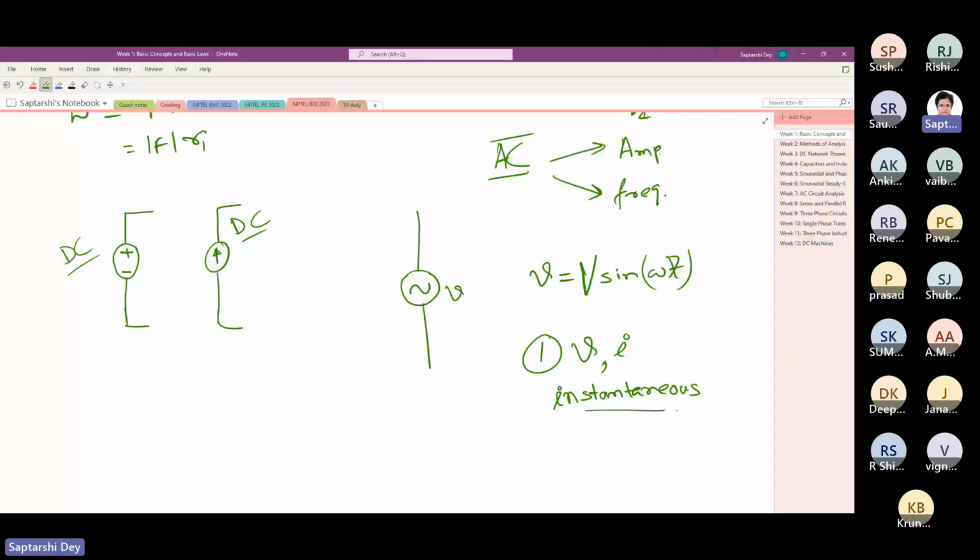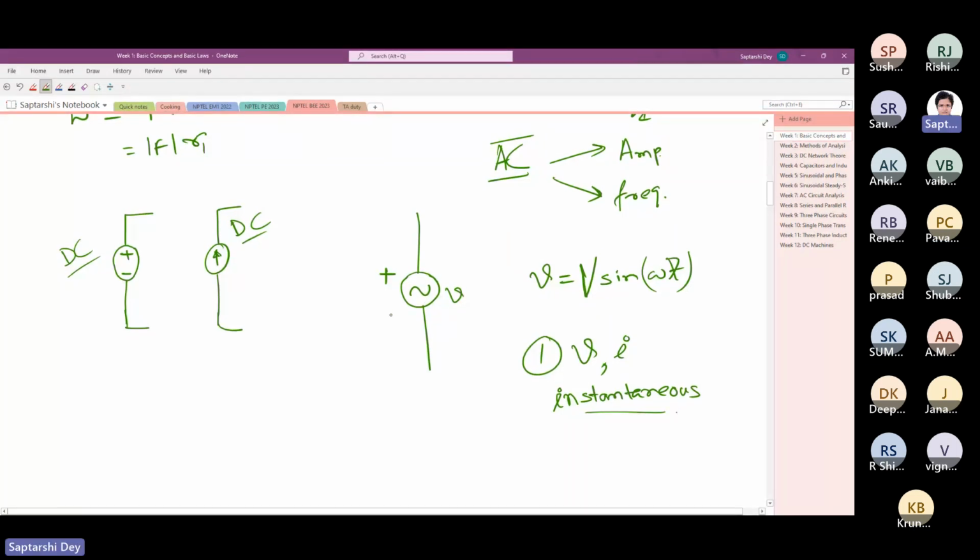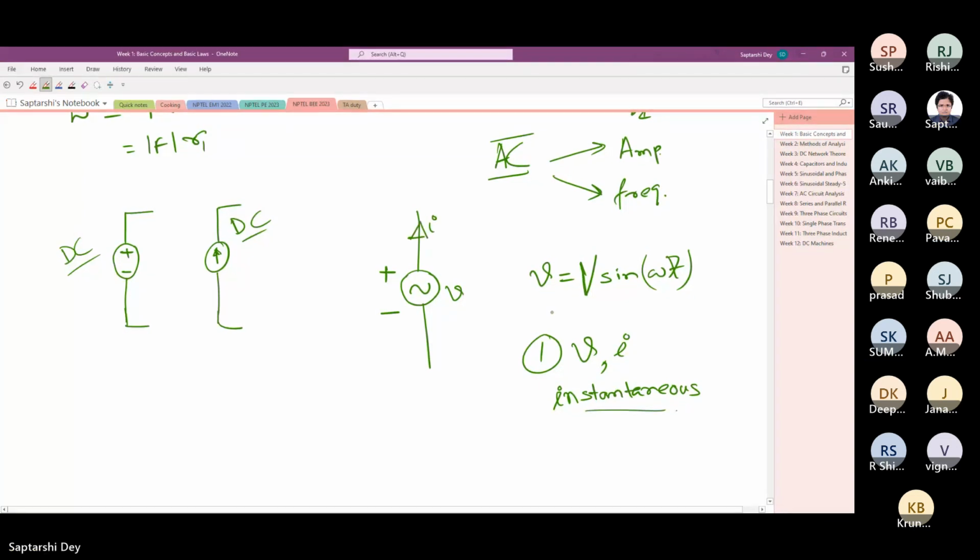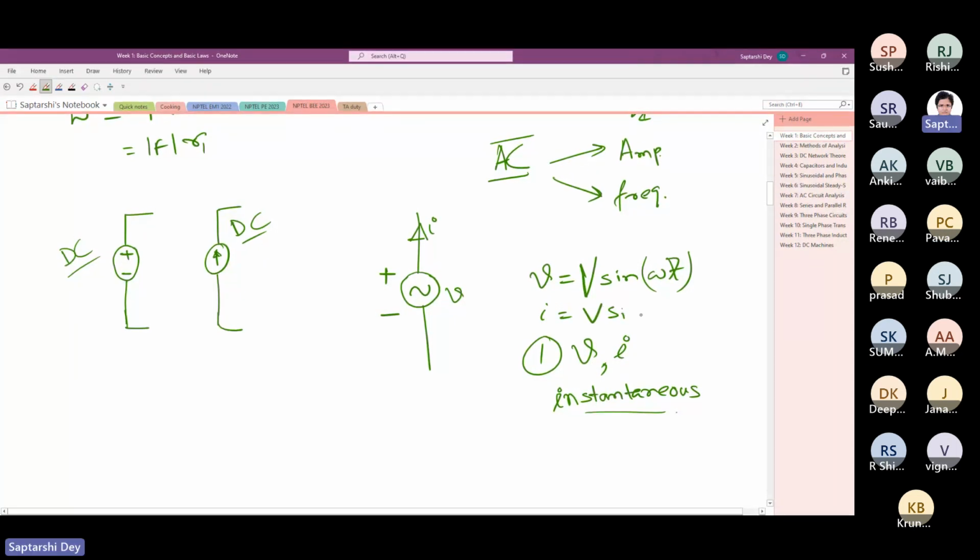Now you will get to see in books or lectures, when they show, say, AC voltage, they also give a potential like this, plus minus. Maybe when they show AC current, say I write i equals V sine omega t minus phi, there also I give a direction, an arrow.